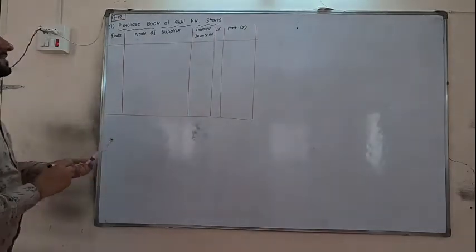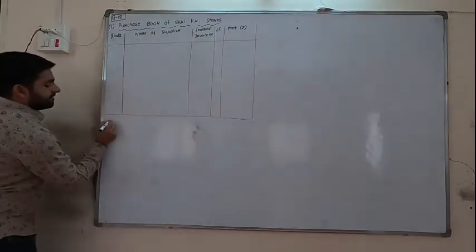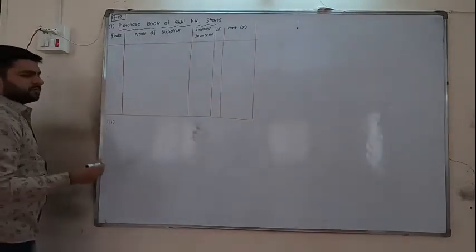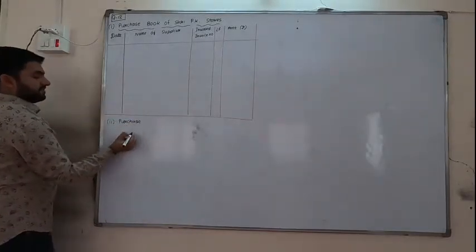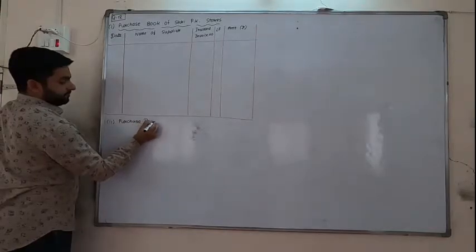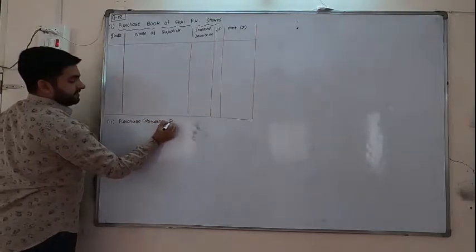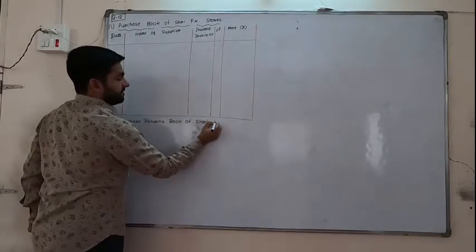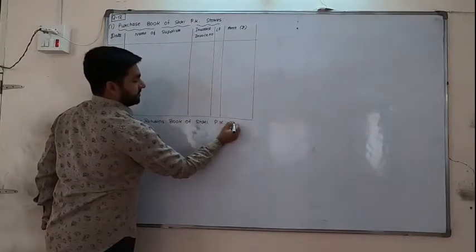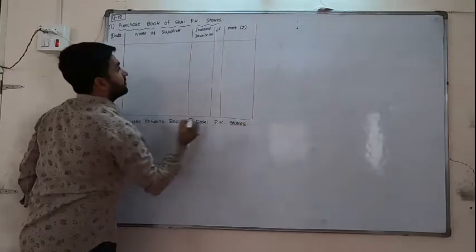Next we will draw purchase returns, so that it will be easy to record the transactions. We can draw the sales book also, but purchase is related to purchase returns, so purchase returns book of Shri PK Stores.